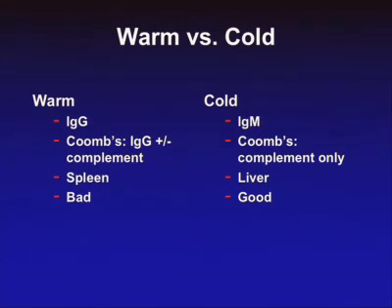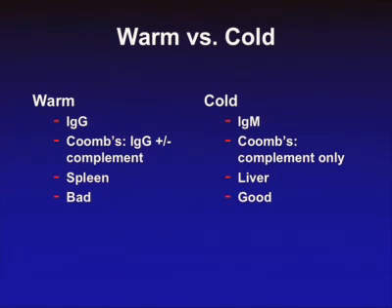Just the warm versus cold, a simple slide by far. The warm autoimmune hemolytic anemia, much more difficult to deal with, right? Because that's happening at body temperature, so we have a harder time dealing with that. This is an IgG-mediated phenomenon.